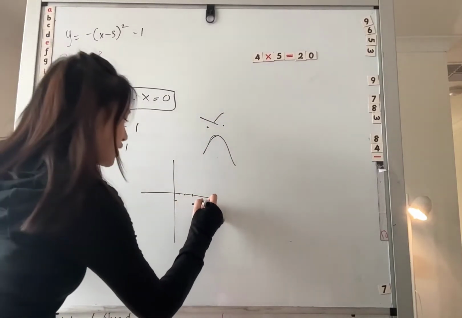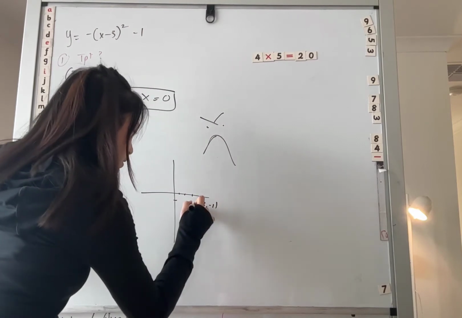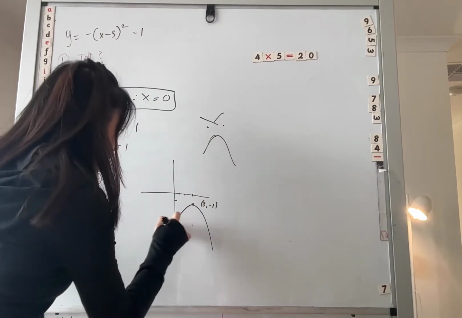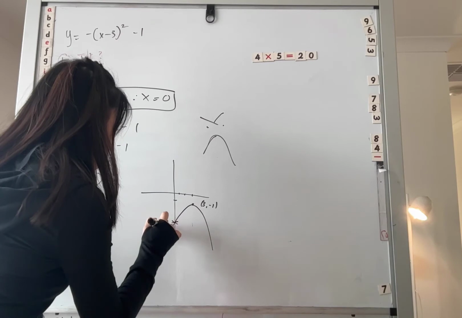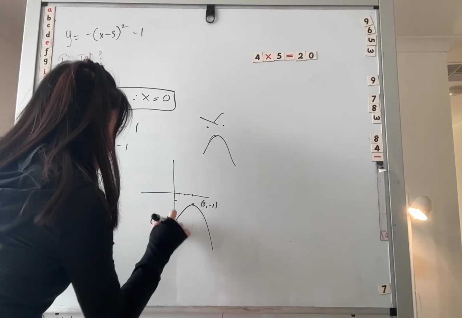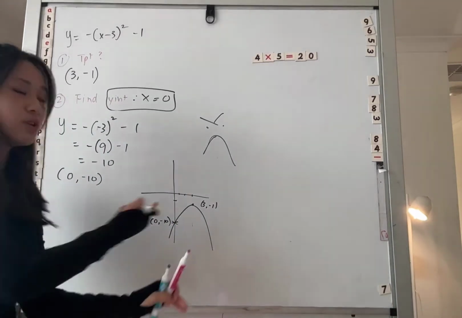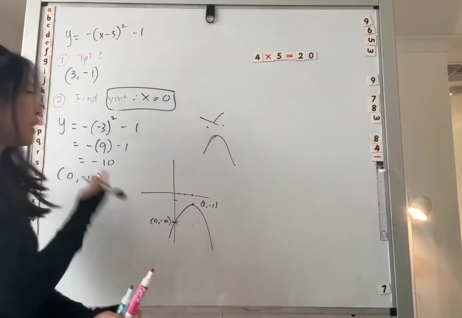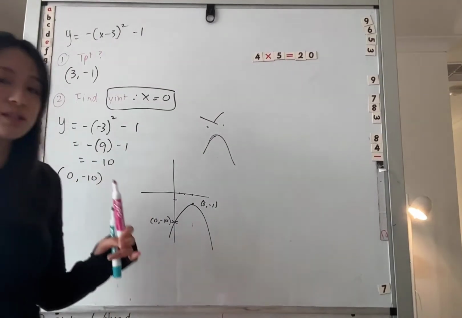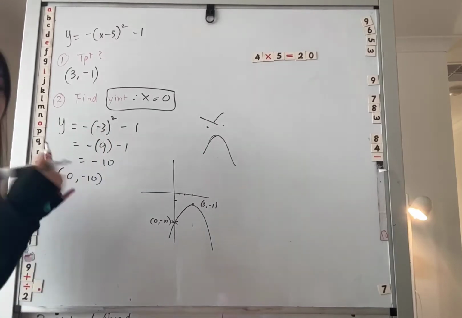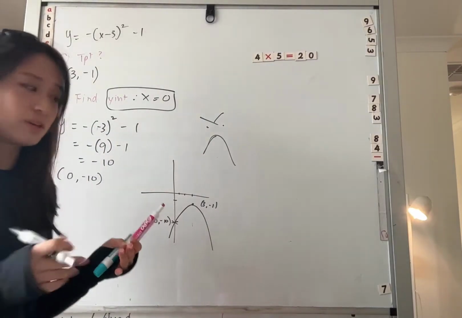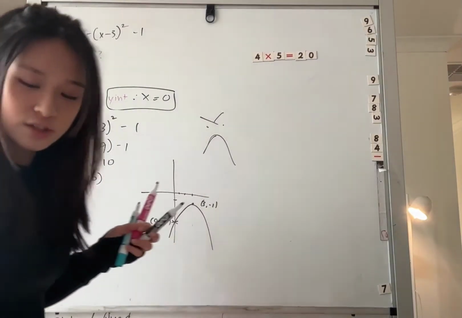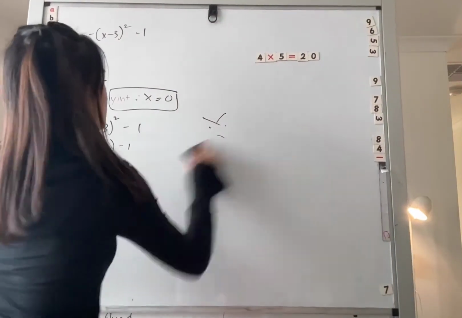Once you've got the turning point, 3, negative 1, it's going to be concave down, and your y-intercept is at 0, negative 10. You'll realize that you don't actually need to find the x-intercept. So that's why I say find the y-intercept first, because you won't be able to solve for an x-intercept. So that's how you sketch the parabolas. Now let's move on to some other ones.